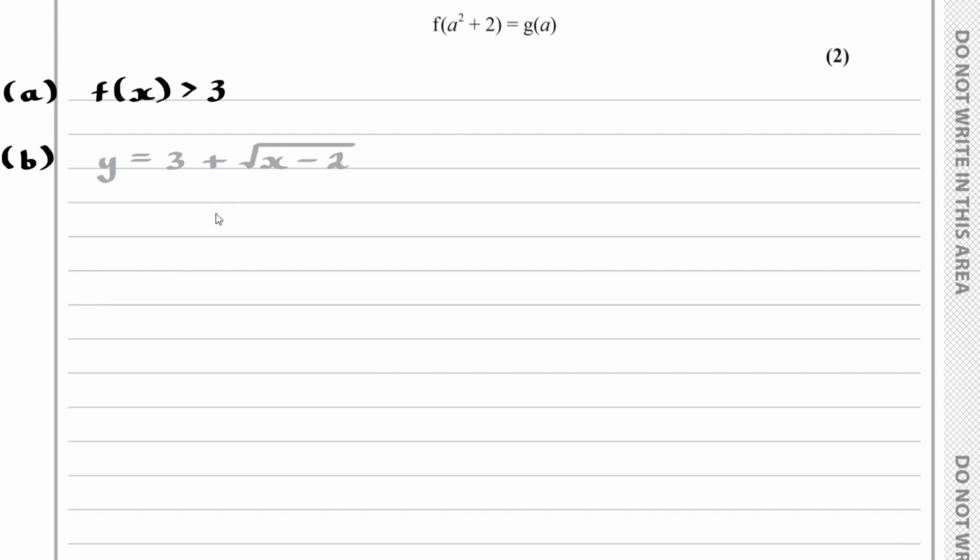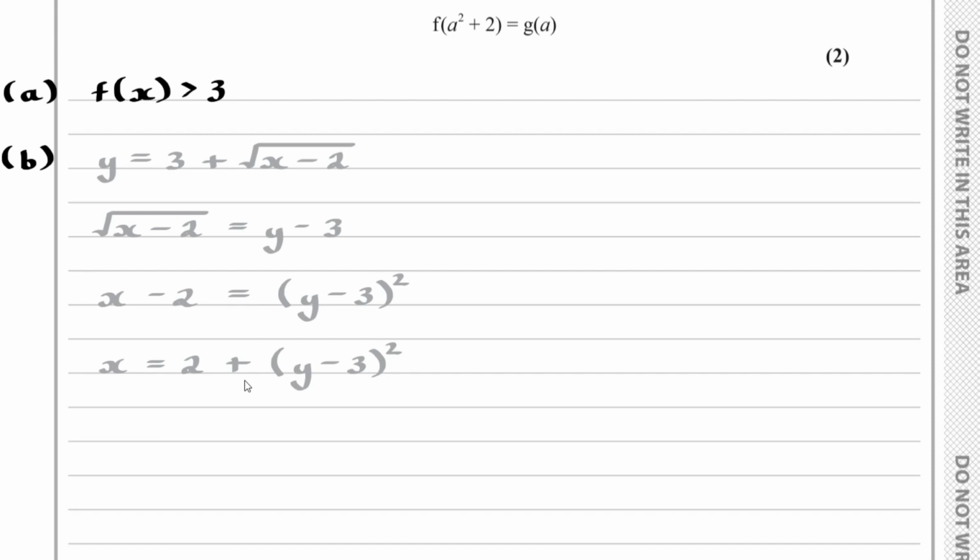So if we rearrange for x, well, we would have the square root of x subtract 2 equals y subtract 3, and squaring both sides, x subtract 2 is equal to y subtract 3 squared, and adding 2 to both sides, x is equal to 2 plus y subtract 3 squared. If we now swap the x and y, we end up with y equals 2 plus x subtract 3 squared.